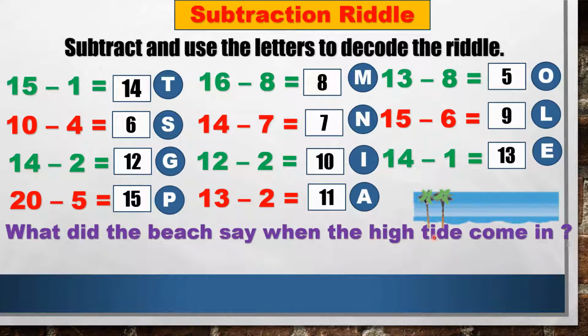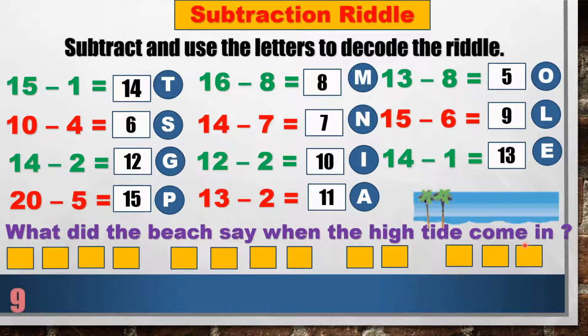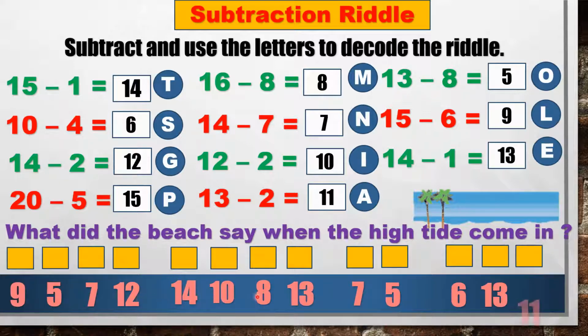Let's see. Here some numbers are given on the downside. So let's start. 9 number. Where is 9 number? Here. So which letter? L. So we can put here L. Now 5. 5 here.